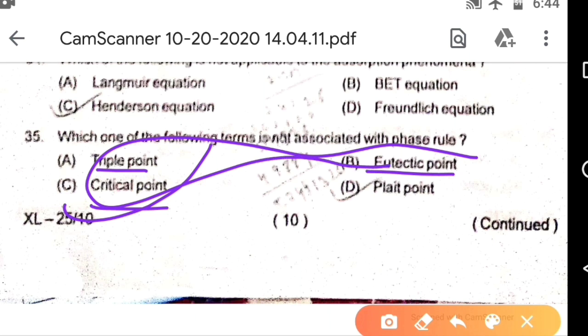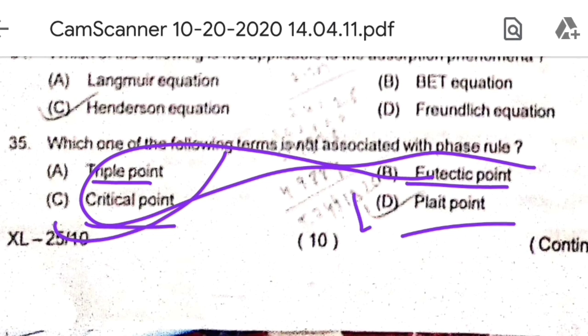But the last one, plait point, is the point at which the equilibrium phases become coincident and no separation can be made. This term is not associated with phase rule. So the correct answer for 35 is D.